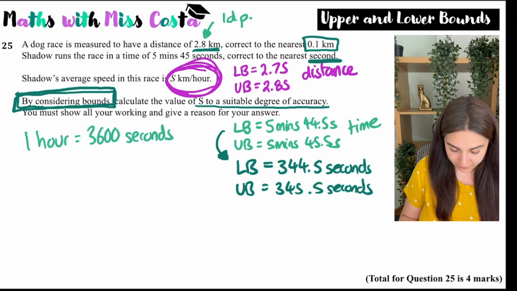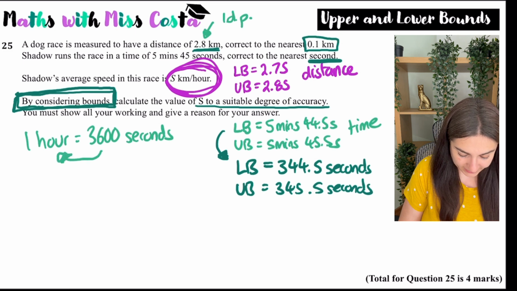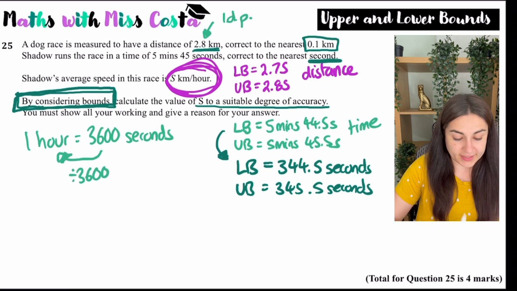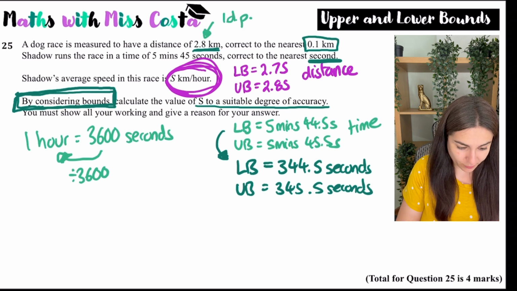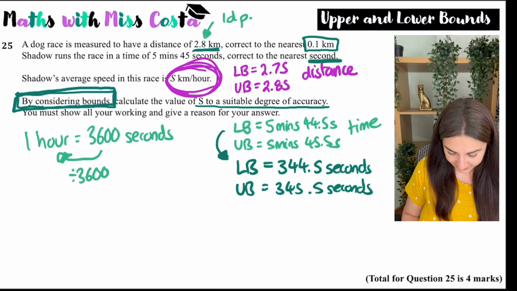So therefore, to get from seconds to hours, you divide by 3,600. So 344.5 divided by 3,600 equals, this is nasty, but it's a calculator paper, so that's fine.